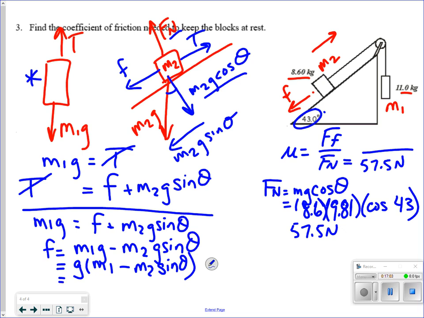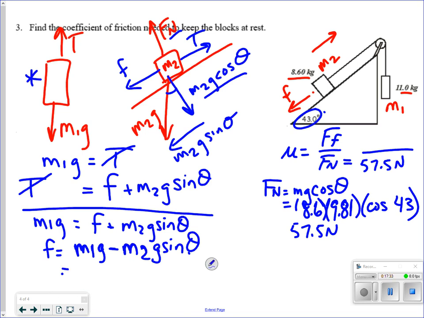All right, so 9.81 times M1, 8.6 minus 11. Oh no, I did them backwards. Darn it. And I managed to knock off half of my stuff here. Son of a gun. M2G. I'm sure you get better at this as you go. I am not an expert in erasing.